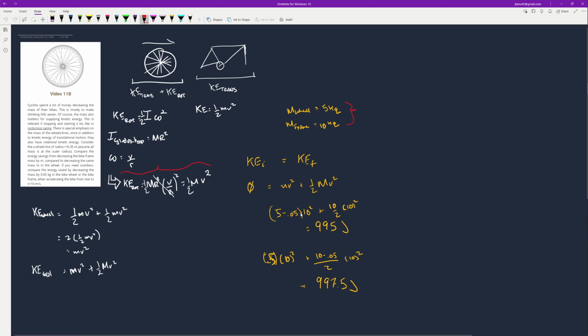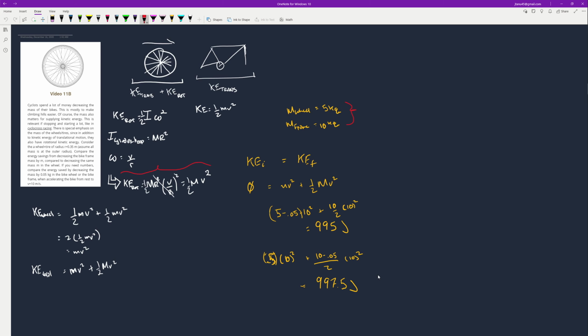When we subtract 0.05 kilograms from the wheels, we end up with 995 joules as our final kinetic energy. When we subtract 0.05 kilograms from the frame, we end up with 997.5 joules of final kinetic energy.